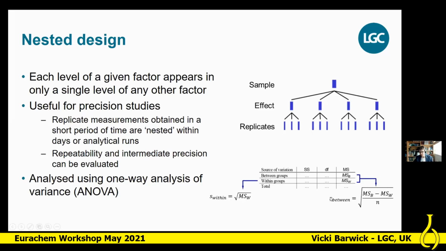And if we were to combine both of those, that would give us an estimate of our intermediate precision, assuming this was a within lab study. And the Eurachem Fitness for Purpose guide actually gives us an example of how you do these calculations in one of the appendices to that guide.